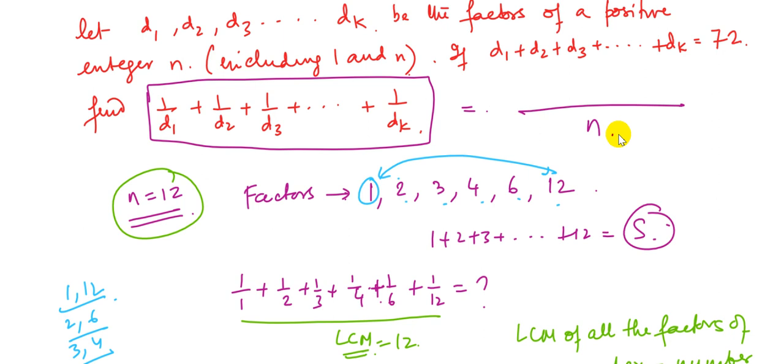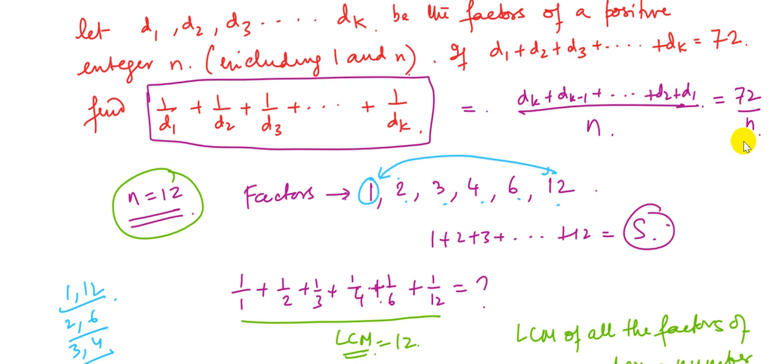DK is a factor of n, because they have not said whether dk is equal to n. So it will be the number itself, n, and in the numerator I will have dk plus dk minus 1 all the way up to d2 plus d1, which is the sum, which is 72 by n.